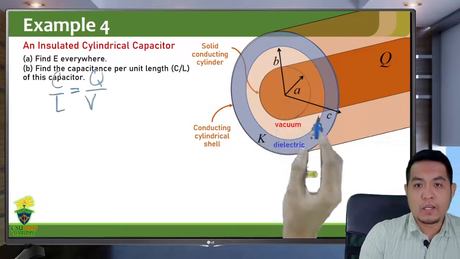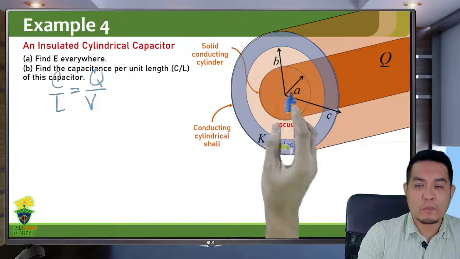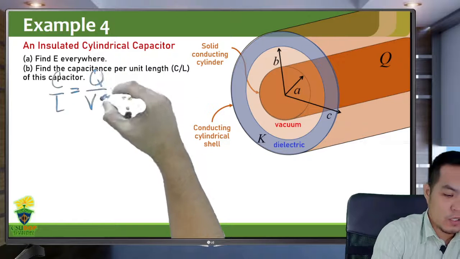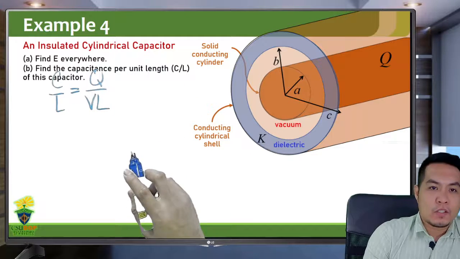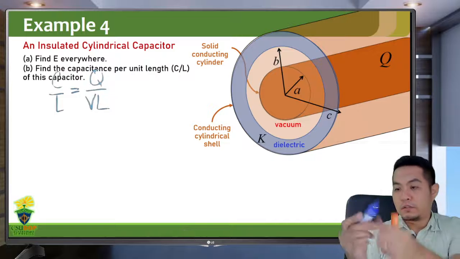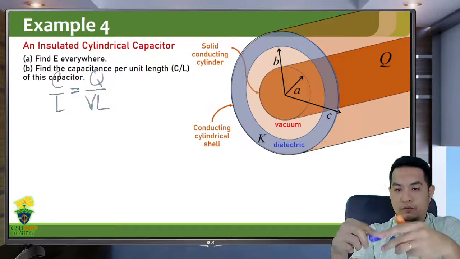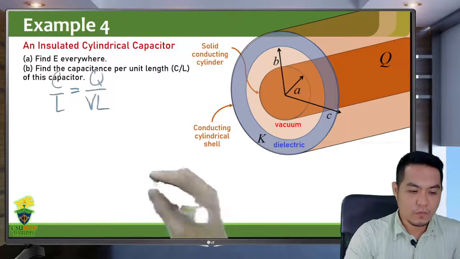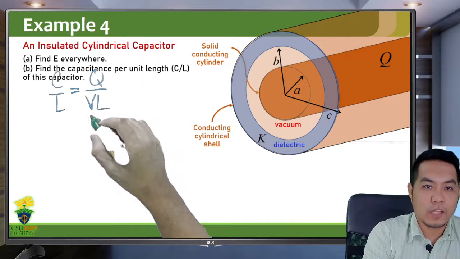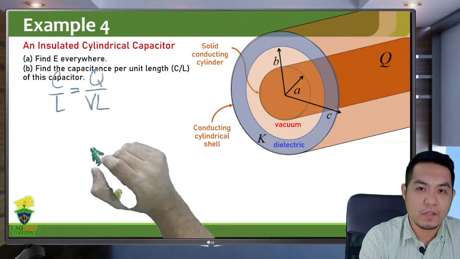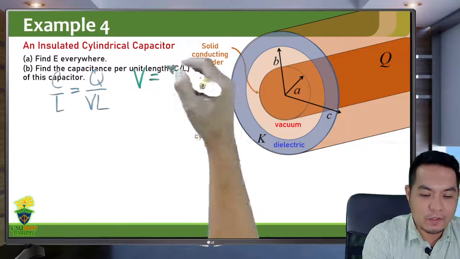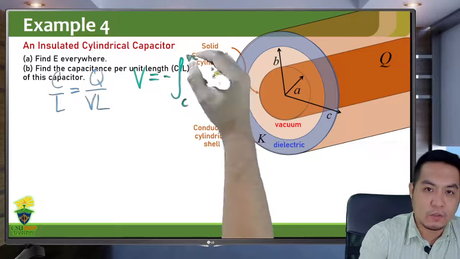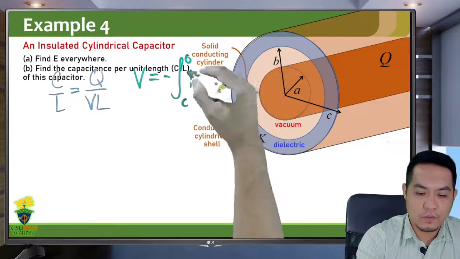From this point here to this point here, we will find the potential difference basically at these 2 points. So Q over V, per length L. So to solve this, we need to know the potential V. So the potential V will now be from C to 0 of E dot dl.